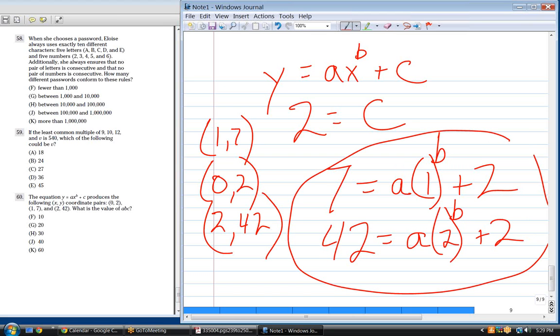So there are 2 equations and 2 unknowns. We can solve for A and B.